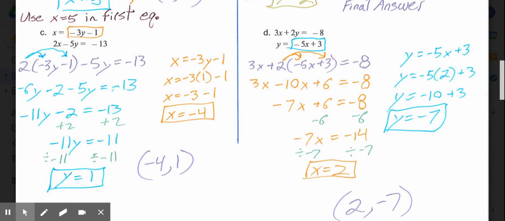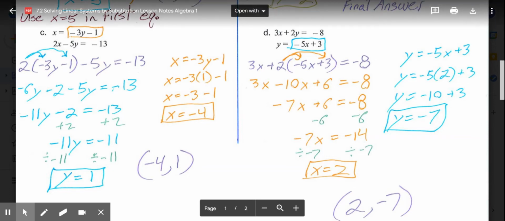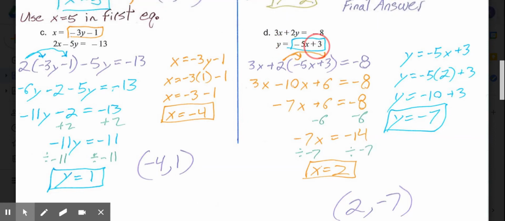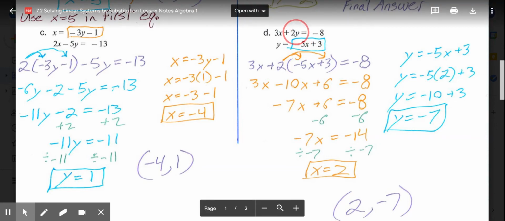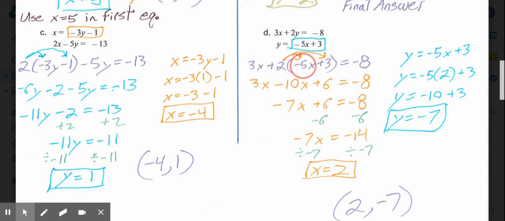Then our last example on this first page, again, we already see one of the equations is solved for a single variable. So y equals negative 5x plus 3. So I'm going to take that expression, negative 5x plus 3, and substitute it in for y in the other equation. So that top equation would become 3x plus 2 times (negative 5x plus 3) equals a negative 8.